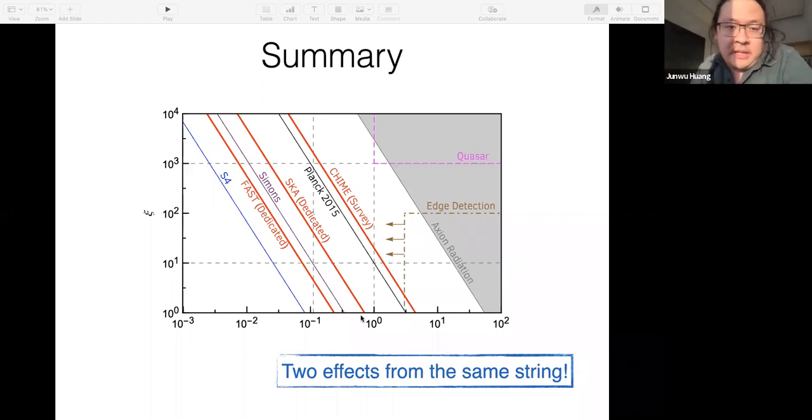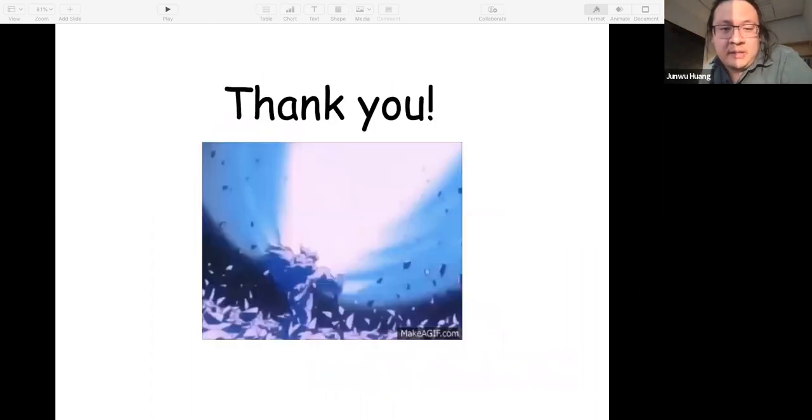And you can see these searches that we can do are somewhat complementary to the searches that we can do with the CMB. And they pretty much give us the same type of sensitivity over this very same parameter space that we are targeting. And that's all I want to say about this part. And thank you.